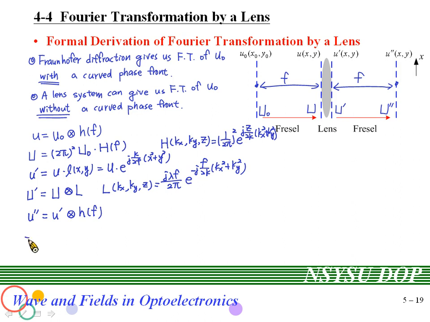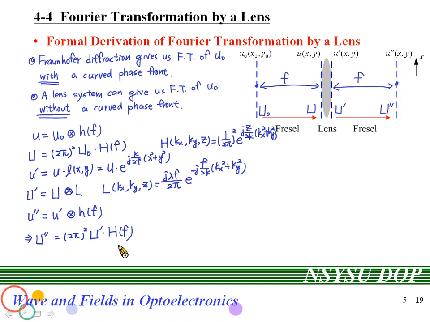And then we can perform the Fourier transform again. For this equation, here will be capital U double prime, and here will be the square root of 2 pi times capital U prime times the capital H function.